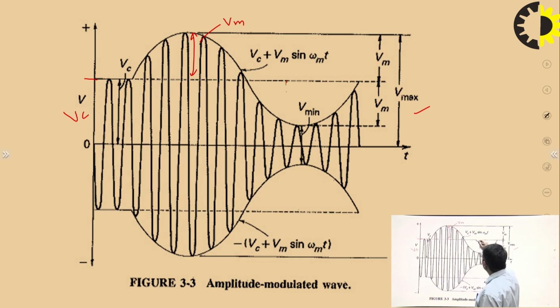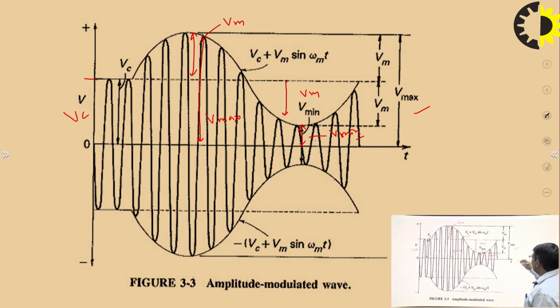Again this is also Vm. This is the maximum point, so this is Vmax, and this is the minimum point, so we can call it Vmin.